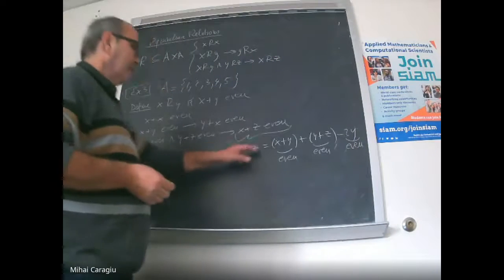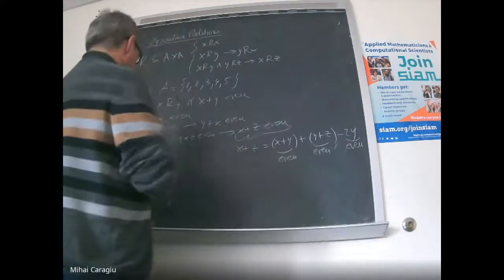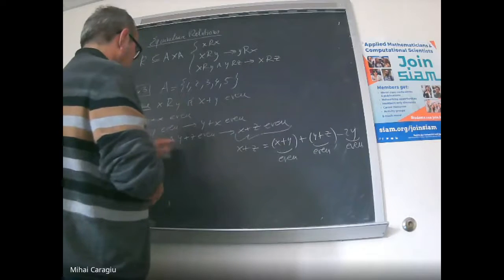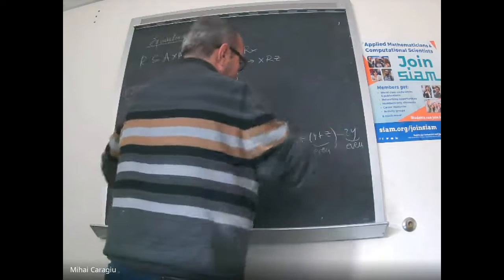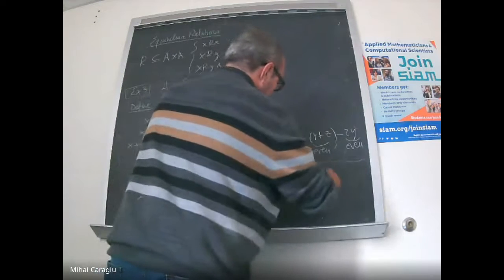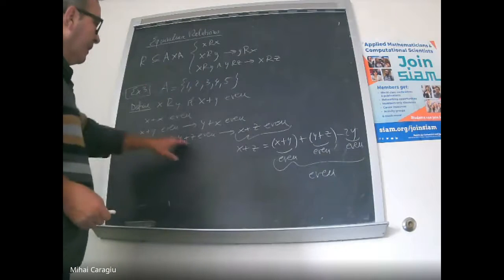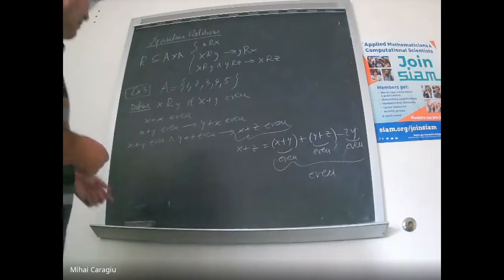So x plus z is x plus y plus y plus z minus 2y. That means if x R y and y R z, so if x plus y is even and y plus z is even, then x plus z is even plus even minus even, which is even. That proves transitivity. If x R y and y R z, then x R z. So that's an equivalence relation.